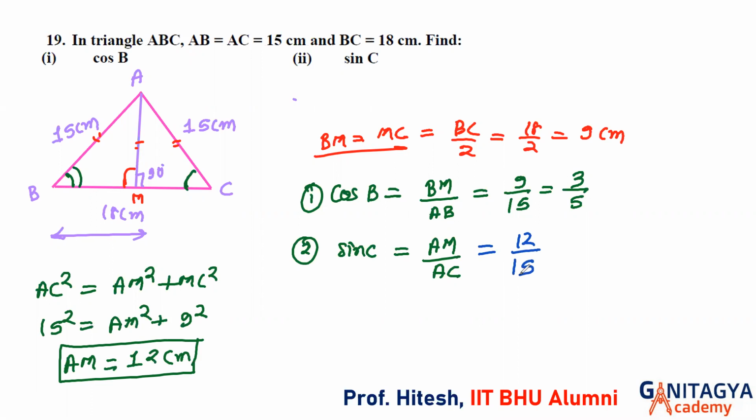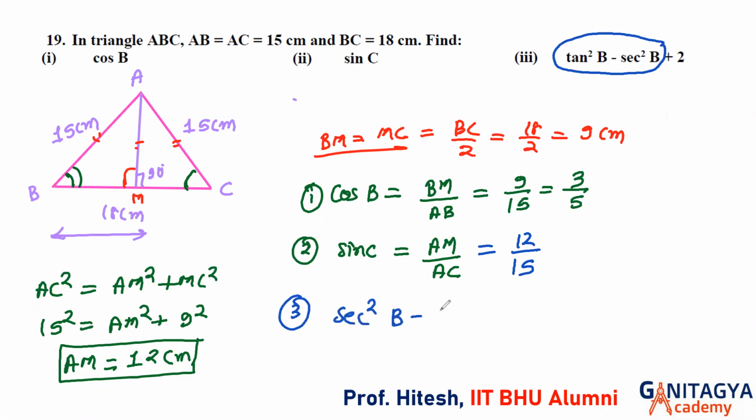Try it. Let me know when done. Now its third part is tan square minus sec square plus 2. You must answer me directly because tan square minus sec square is minus 1. The property, as I already told you, is that sec square B minus tan square B is always 1.